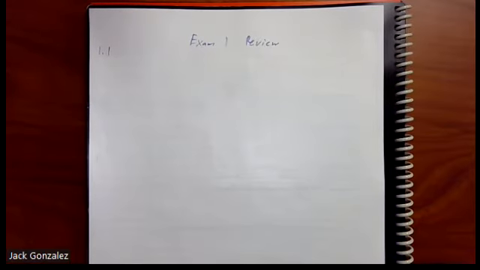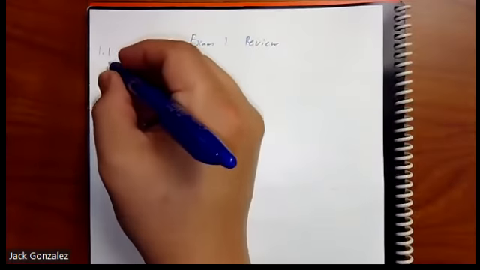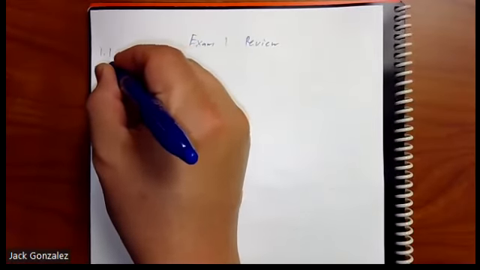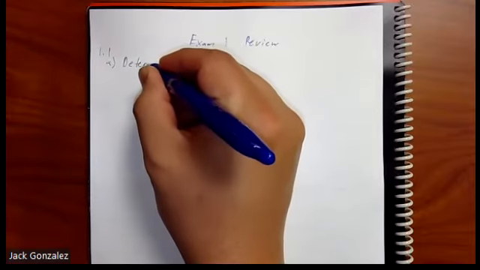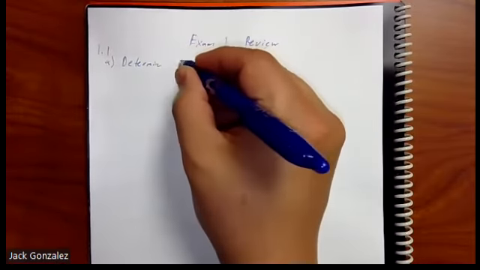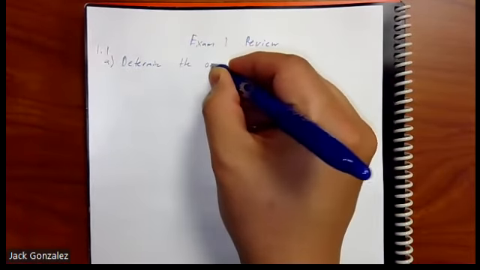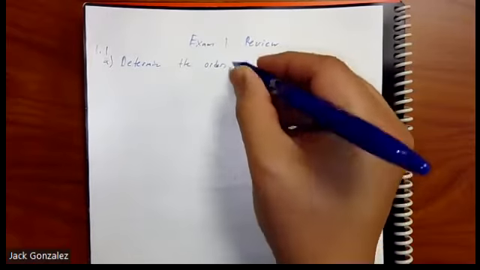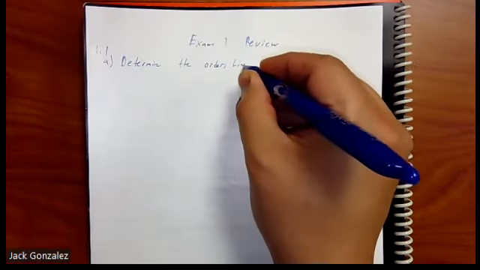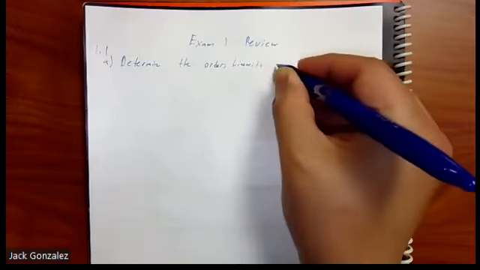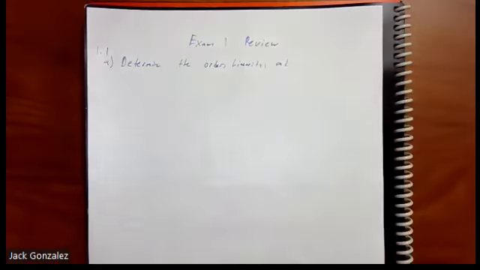All right. So 1.1. Look out for, let's see. First thing, determine the order. What else? Linearity. And I think there was one more thing here.